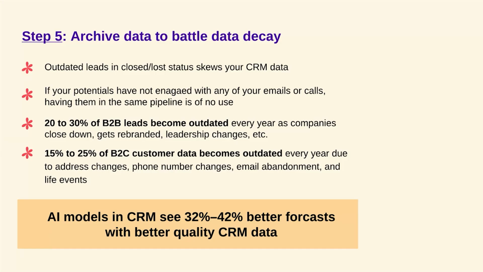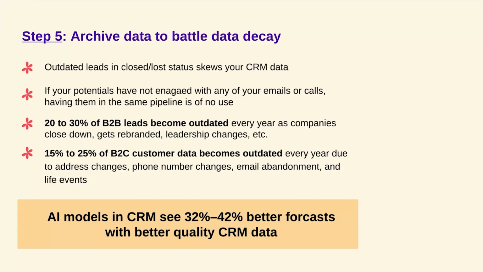So how you archive the data: first, the two crucial things that I will discuss. One is, if a customer has not engaged with you for at least 18 to 24 months, then that means they have to be moved away from your active list.